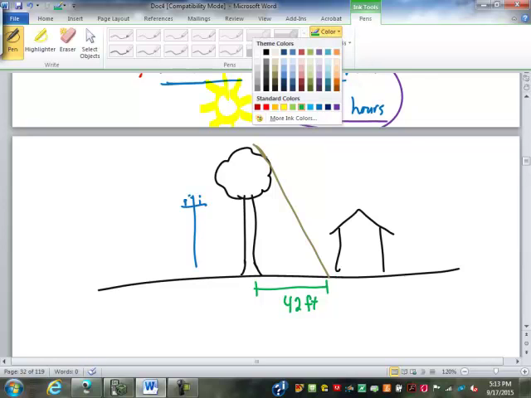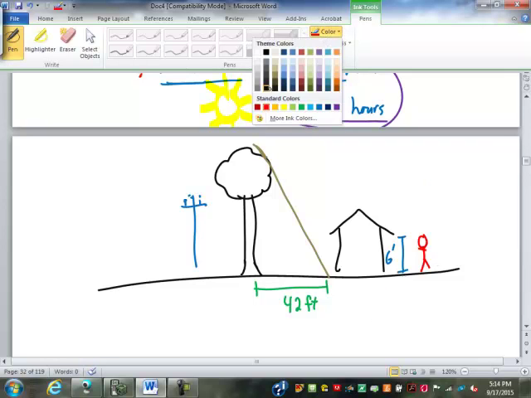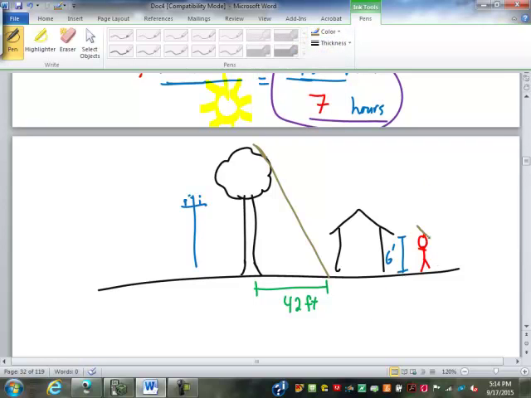And then Pete, who is exactly 6 feet tall, measures his shadow. And his shadow, at the exact same time of day, or really close to it, is 4 feet.